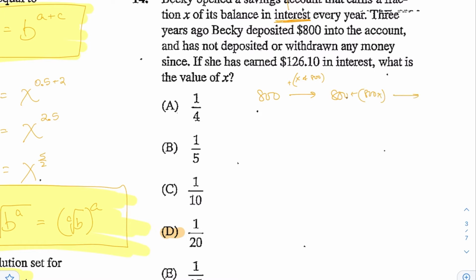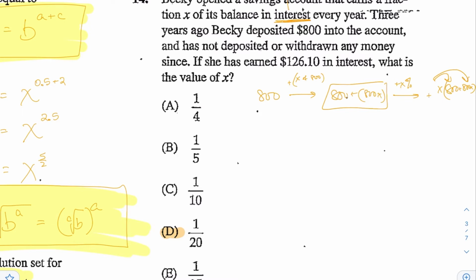But then the next year you get another X percent. So then you'll have this original plus X times 800, plus 800X. So you have to keep distributing this way. It gets kind of annoying if you do this 3 times to get to just 126, or rather 800 plus $126.10.